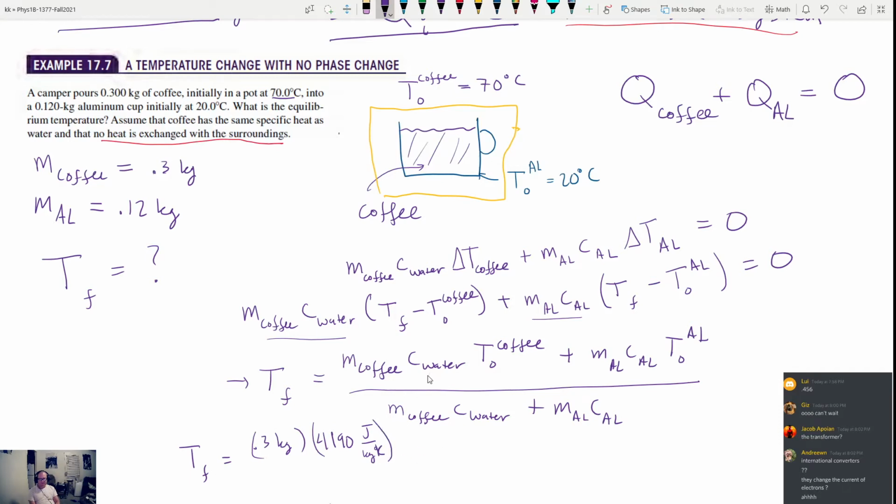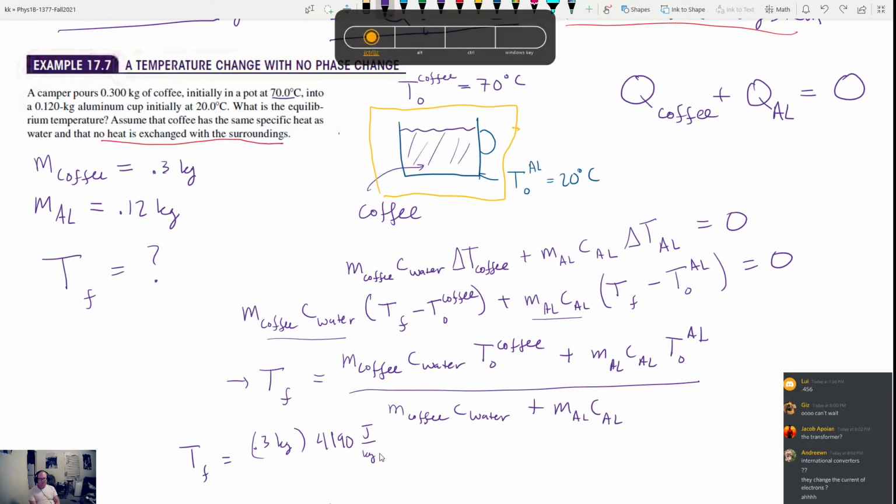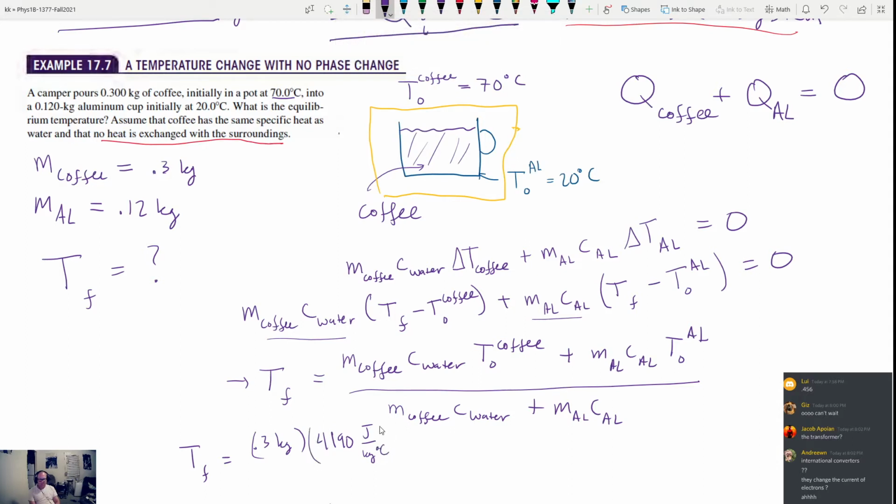Specific heat of water is, you know what, I'm going to write this as degrees Celsius because that's what we're going to be using. Okay, T initial coffee was 70. Plus mass of the aluminum is 0.12.